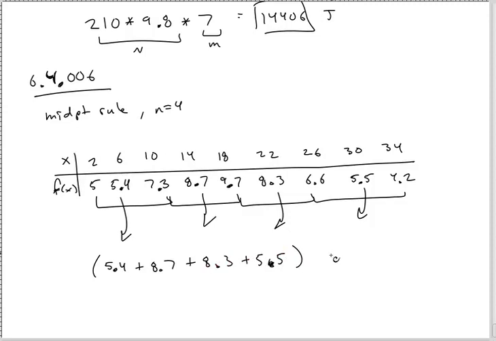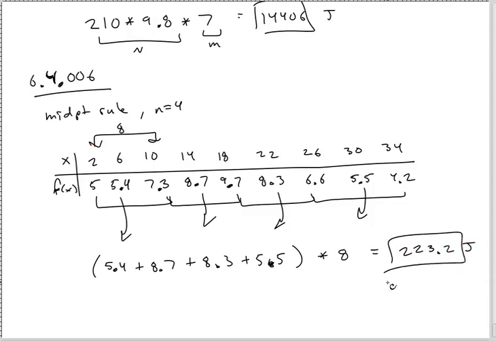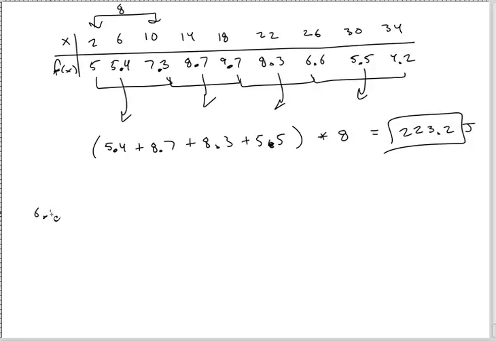And then times the width. The width between each of these guys is an 8 width, or distance, or whatever. And 223.2, they say joules. Again, that's fine. I'll take it. 64009. See, I can't do that decimal point.